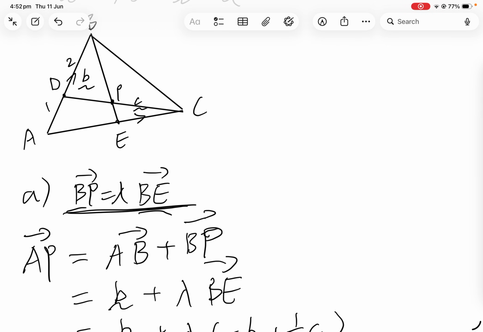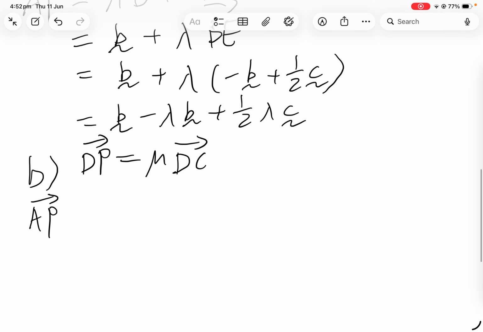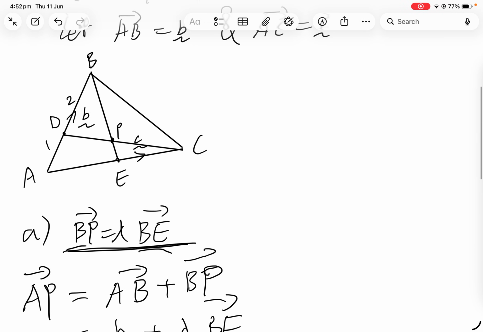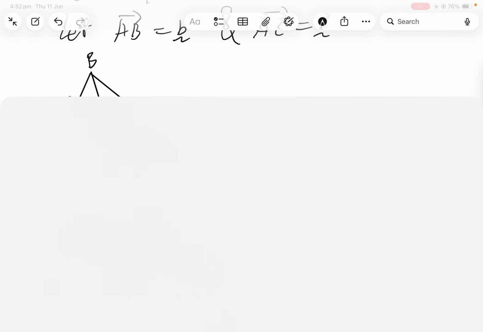That's literally just a third of AB. So let's write AD plus DP to get AP. That's very valid.